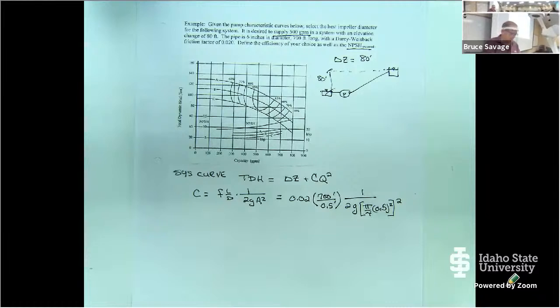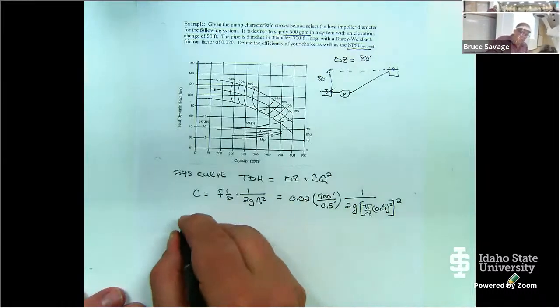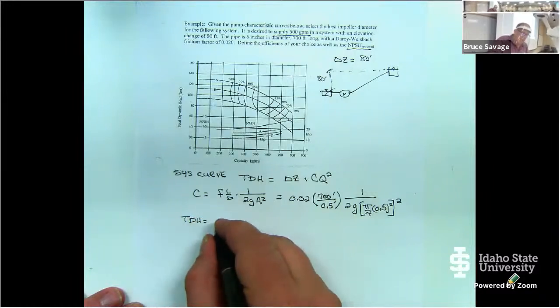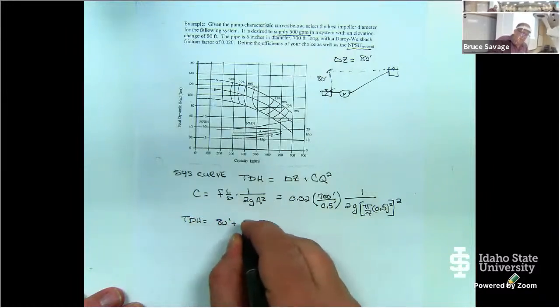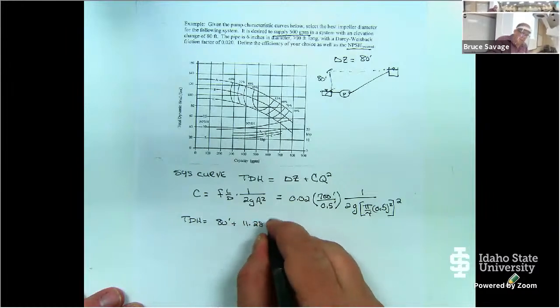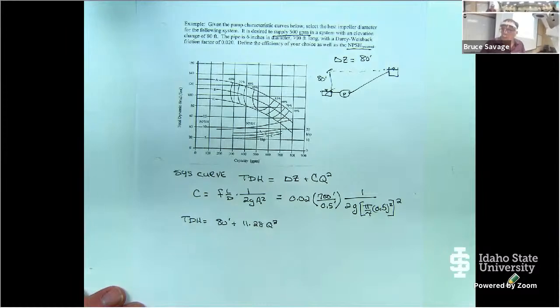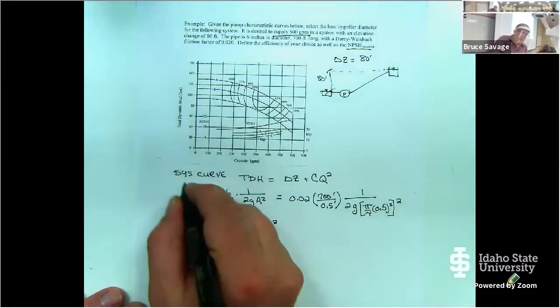So if we punch this value in, I get a value of 11.28. So total dynamic head is equal to 80 feet plus 11.28 times Q squared. And that's my system curve right there.